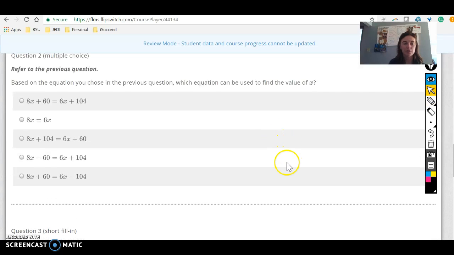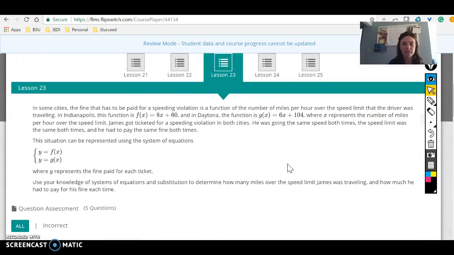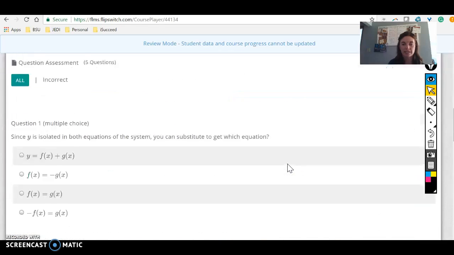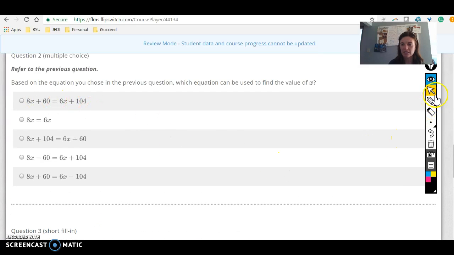If we scroll back up and look at our equations, we have 8x plus 60 and 6x plus 104. So 8x plus 60 equals 6x plus 104. That is f of x equals g of x. So we've got one equation and one variable.